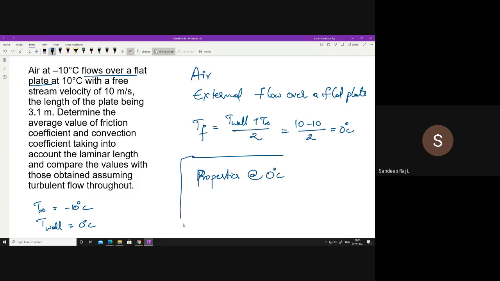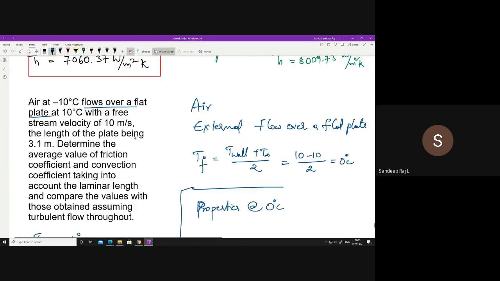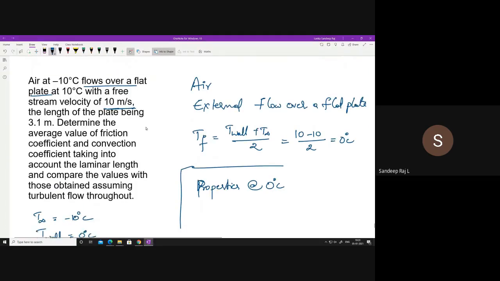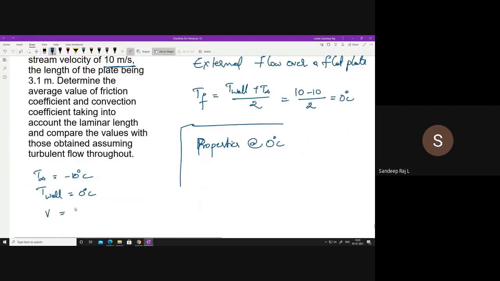Okay, that's the thing. And what else is given? The velocity is 10 meters per second, and the length is given as 3.1 meter here. Determine the average value of friction coefficient and convection coefficient, taking into account the laminar length.